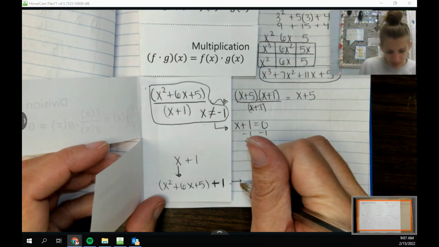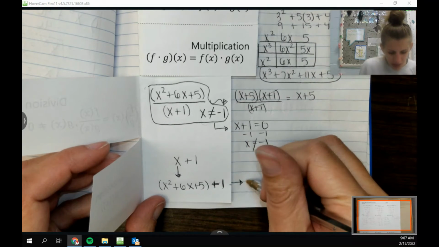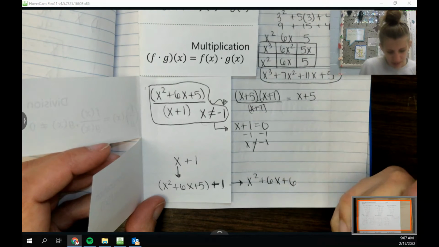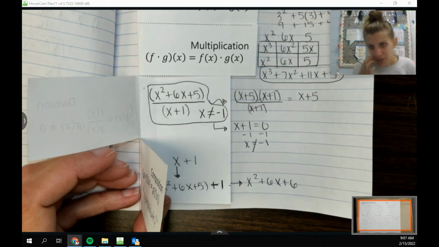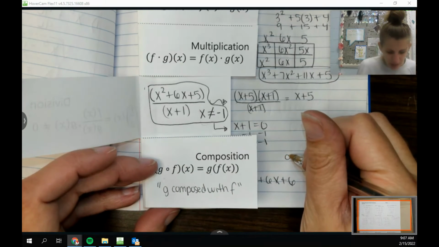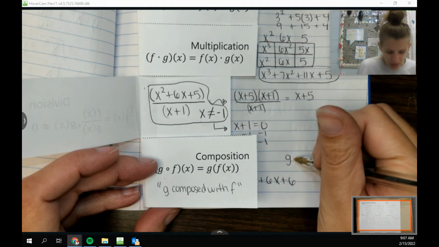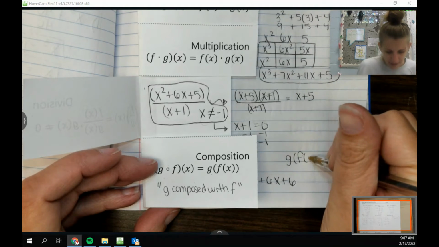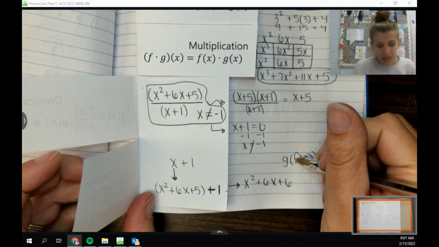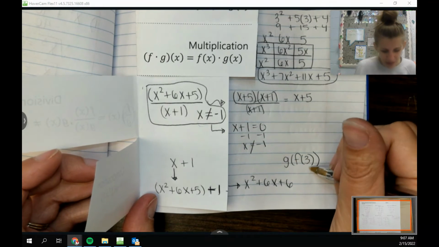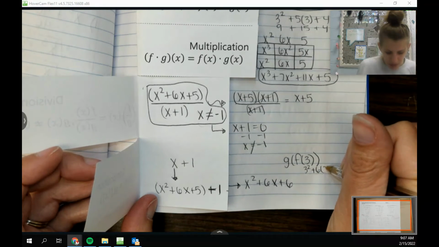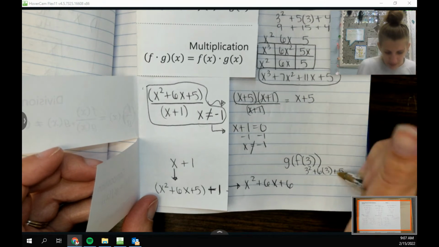And then I can do a little simplifying. So we'd have x squared plus 6x plus 6. And to show you what this looks like if I compose with a number, if I do g of f of 3, I'm going to input 3 into the f function. So 3 goes into f, so 3 squared plus 6 times 3 plus 5.